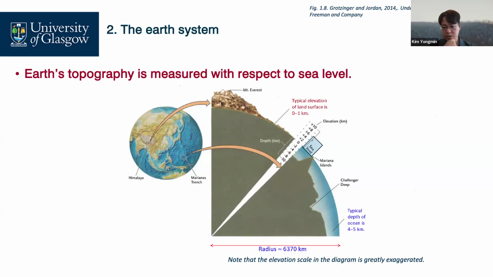The elevation is measured based on the ground surface. That's why in this case, we put the capital letters GL, ground level, in front of the elevations. GL minus 3 meters means 3 meters below the ground surface, not the mean sea level.